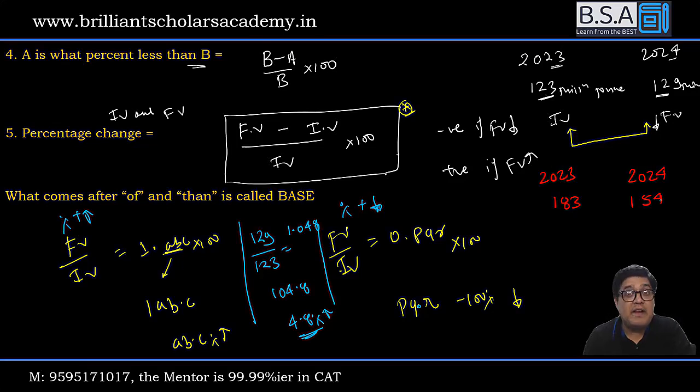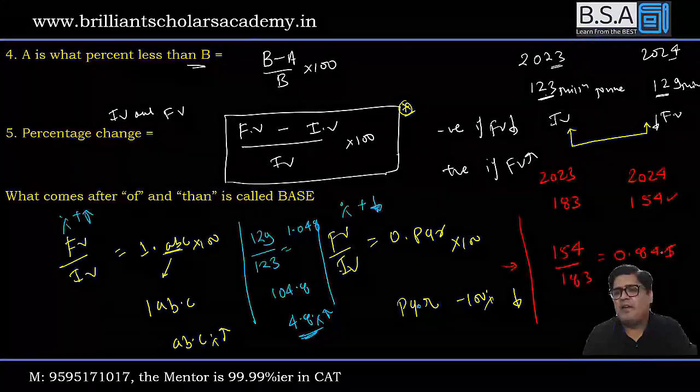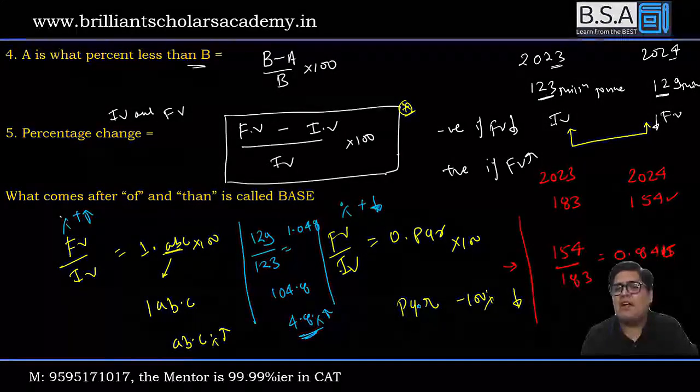Divide both. What is the final value? 154. The example for this: 154 upon 183. So this has become 0.8415. I'm saying make it 100 times.